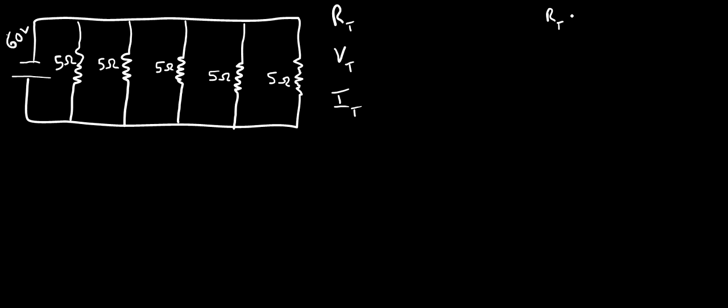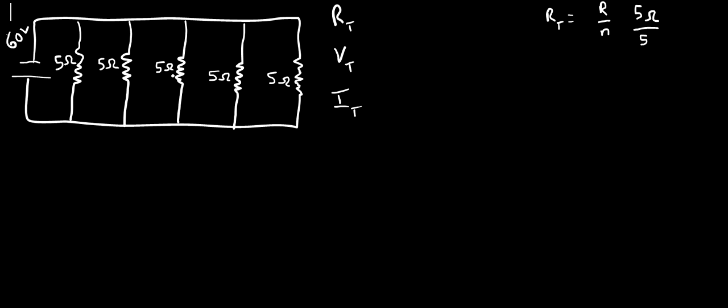We want to stick with, for now, the formula that says if all the resistors are the same value, then the total resistance will be the resistor value, which is 5 ohms in this case, over the number of resistors. This shortcut only works when all the resistors are the same value.